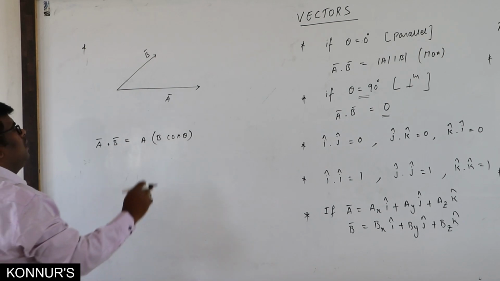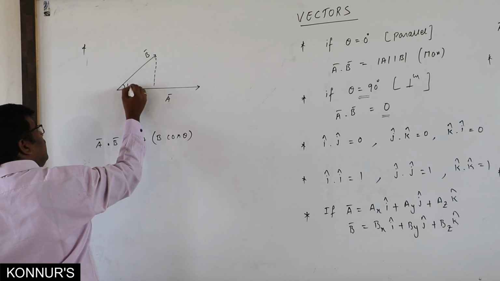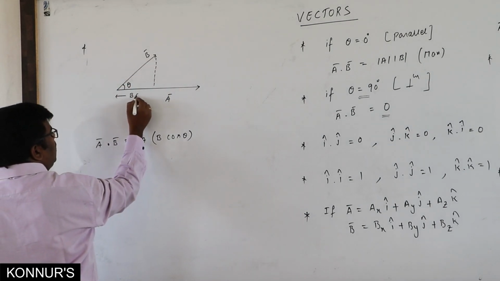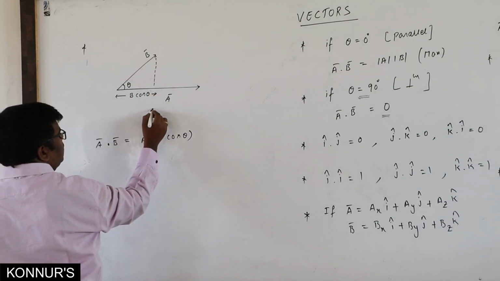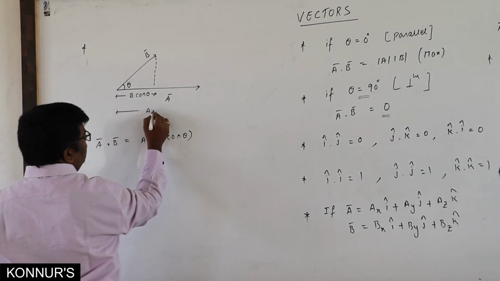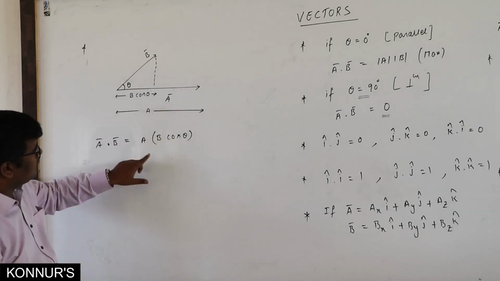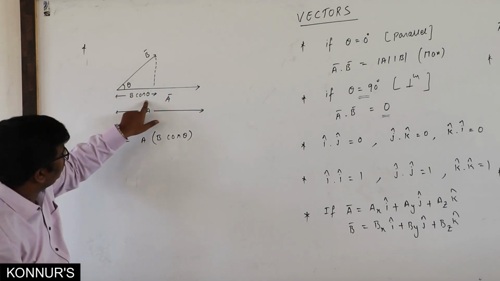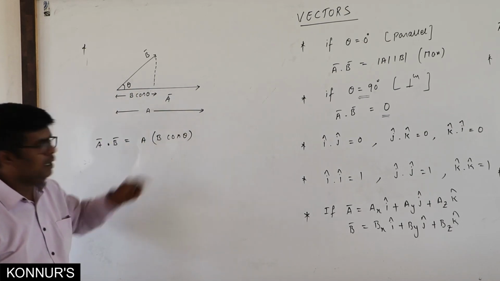If the angle is theta and I resolve b bar along the direction of a bar, what do I get? b cos theta, and this magnitude is modulus a, the length is a. So we can define the scalar product in another way: the product of a bar and the component of b bar along a bar.